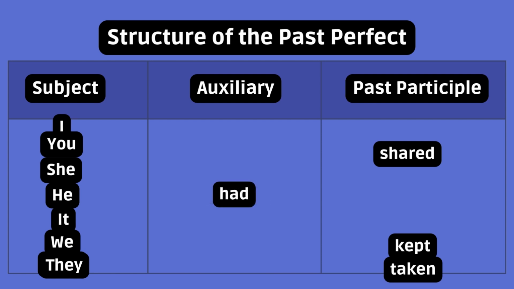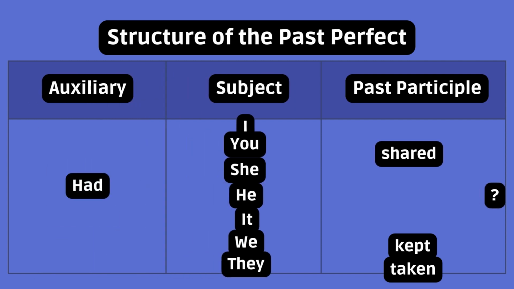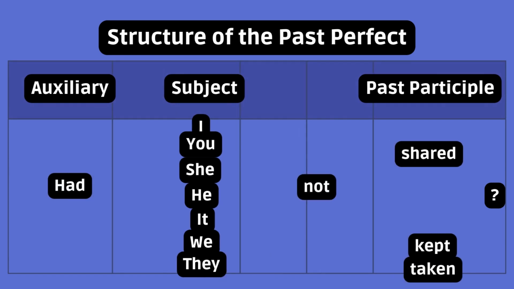For questions, it's the classic subject-verb inversion with had. Had you shared? Had we kept? Had they taken? Just pay attention to the word order, especially when forming a negative question. Had plus subject plus not plus past participle.